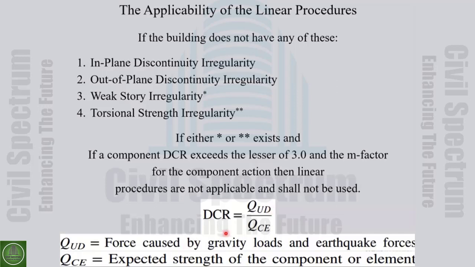And here you see that whenever we talk about damage, the demand to capacity ratio, we accept that the level of load passes the capacity just for deformation controlled parameters. We don't accept any DCR more than one for the force control.